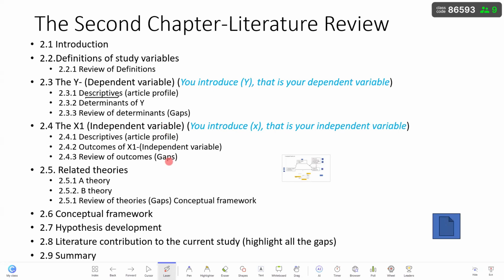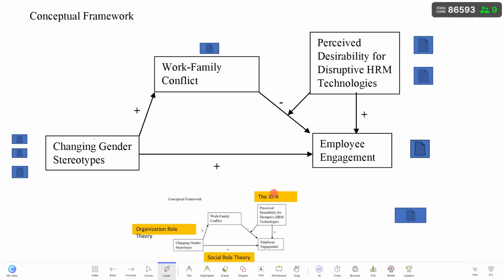Then you need to identify the related theories. For example, if you take these two impacts, you can find a positive impact. What are the best fitted theories which explain this impact?